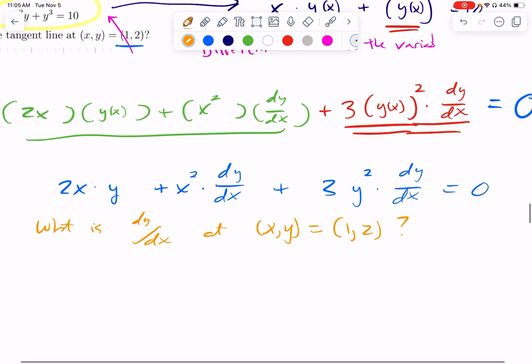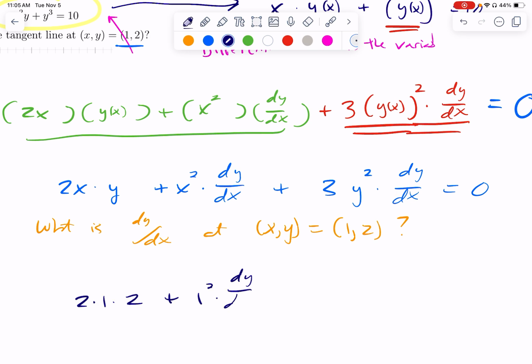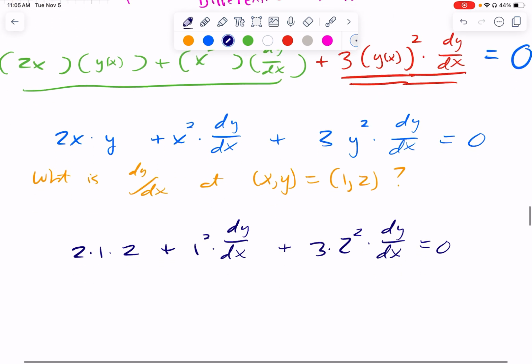So let's plug those in. Everywhere I see x, I'll plug in 1. Everywhere I see y, I'll plug in 2. So I have 2 times 1 times 2 plus 1 squared times dy dx plus 3 times 2 squared dy dx equals 0. Let's simplify those numbers.